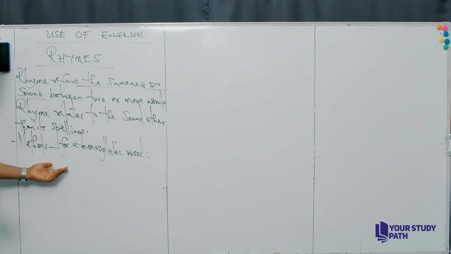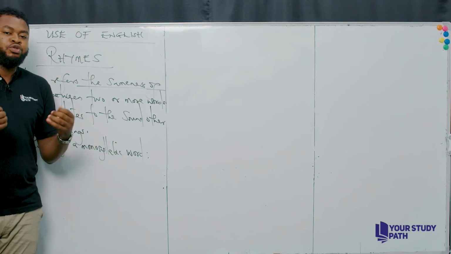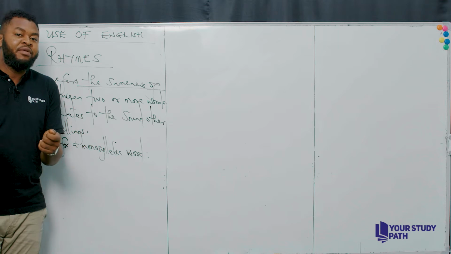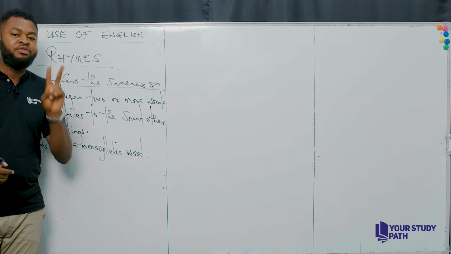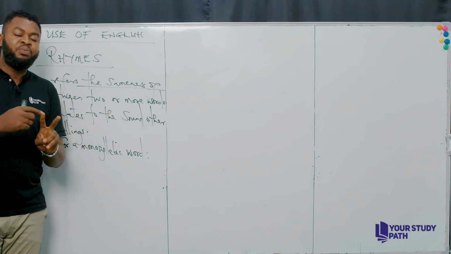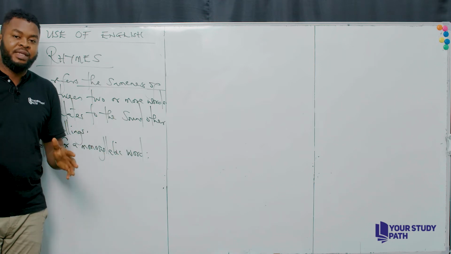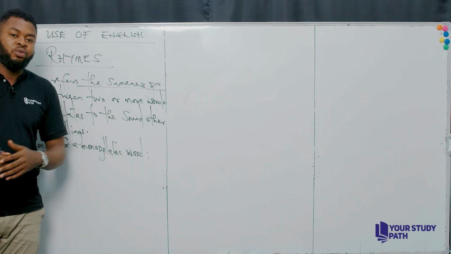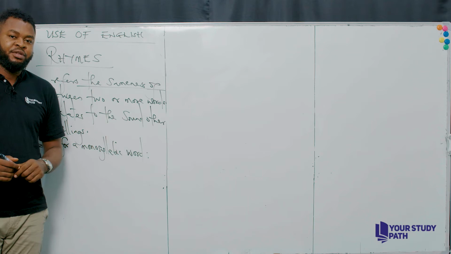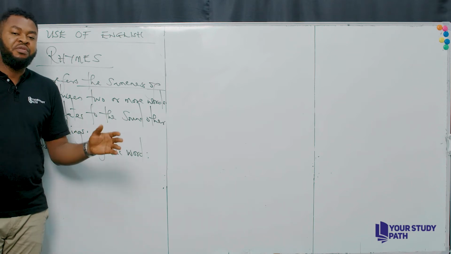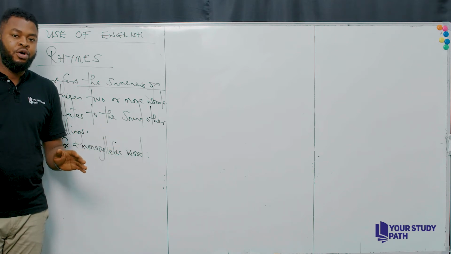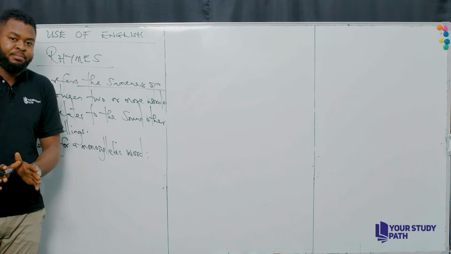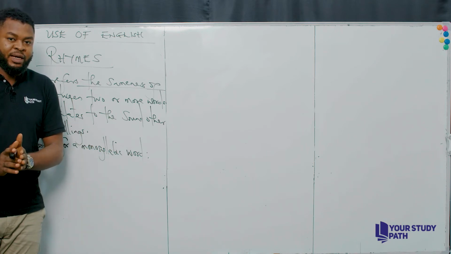Now, for a monosyllabic word, you pay attention to the presence of the vowel. So you use the vowel to determine if there is a rhyme or not. So when you have two words, for instance, and they project exactly the same vowel sound, therefore, those two words rhyme exactly. But if they project two different sounds or two different vowels, it means that they do not rhyme. I hope that is clear to you now, class.